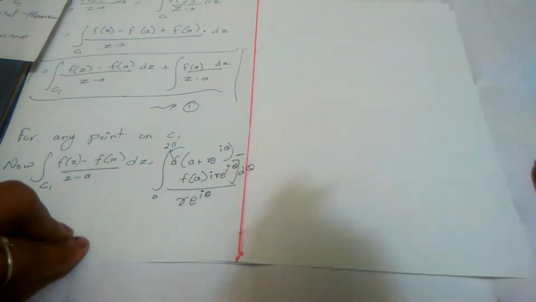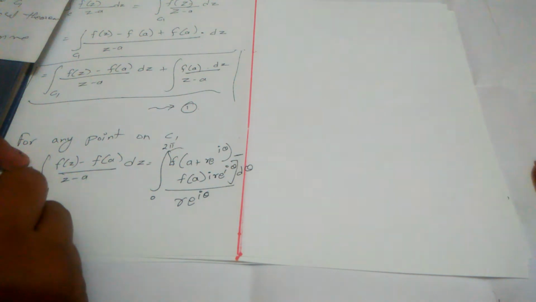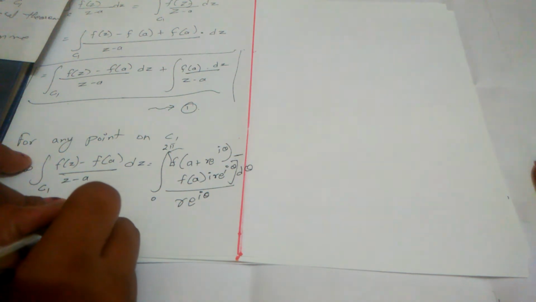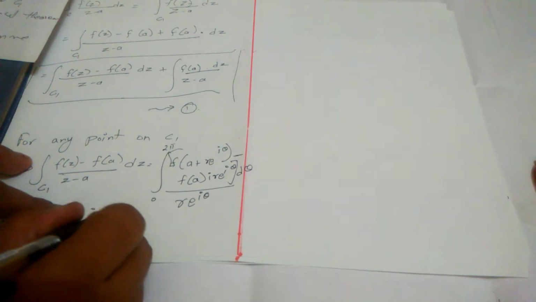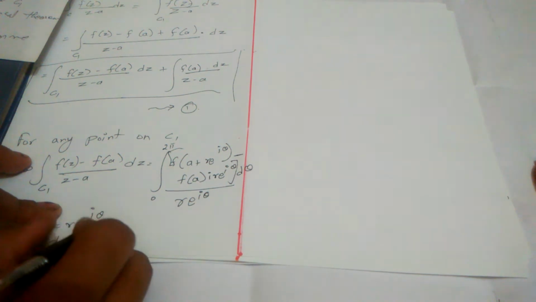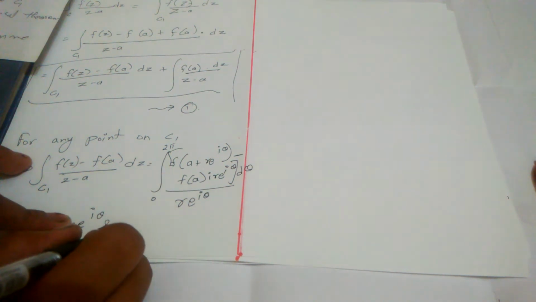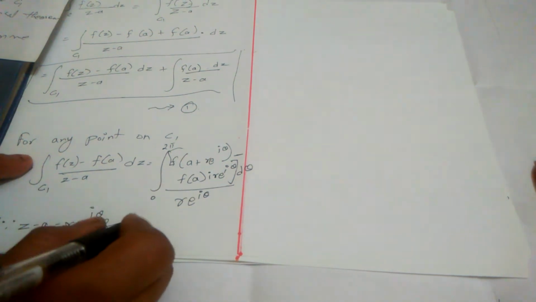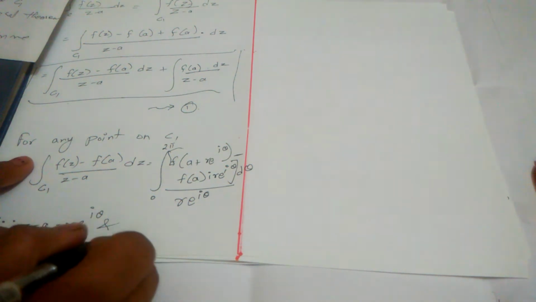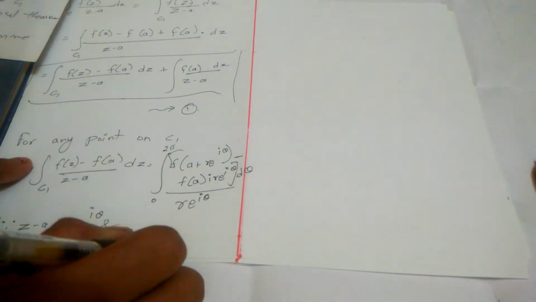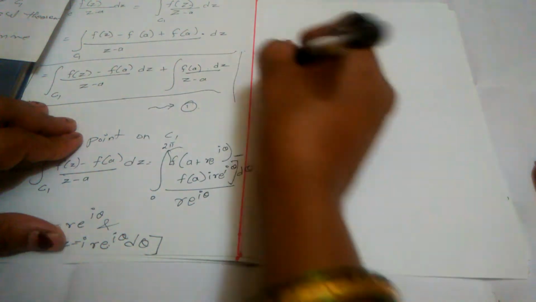Why do we get these terms? Since z minus a equals r e to the i theta, dz comes out to be i r e to the i theta d theta.